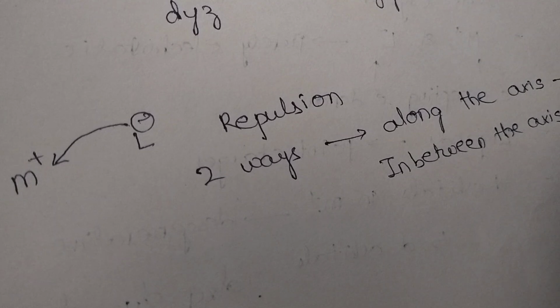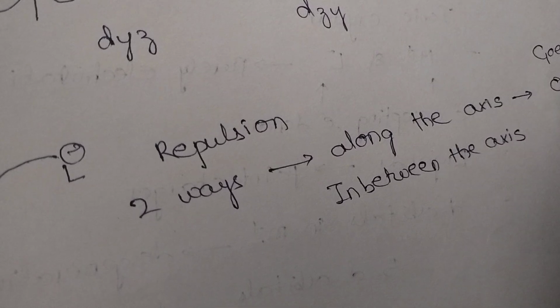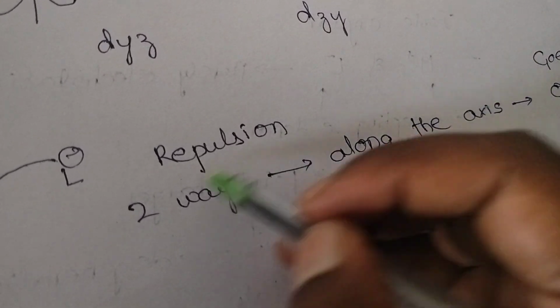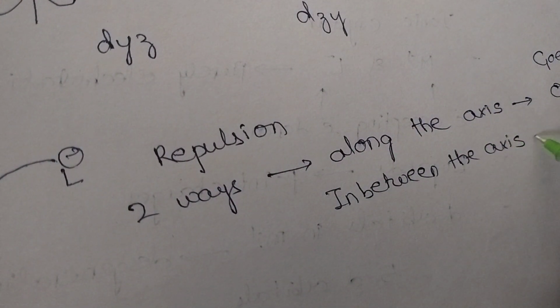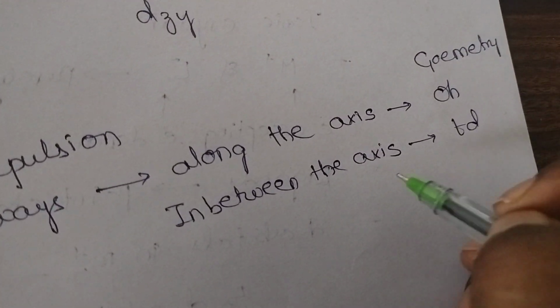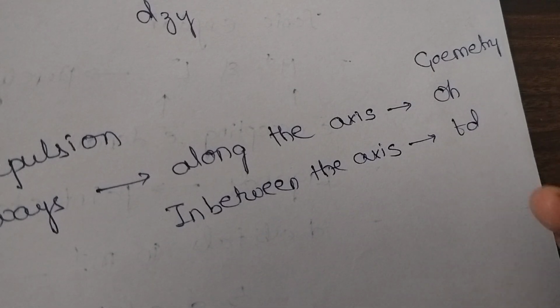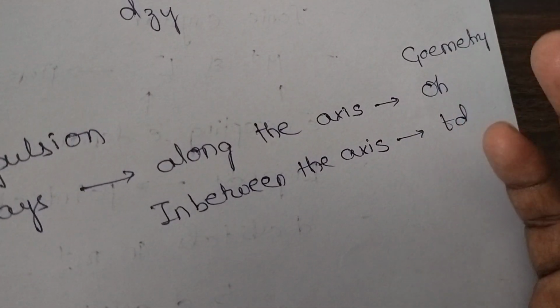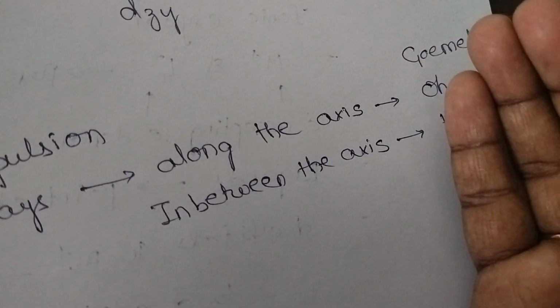It depends upon the geometry. When the geometry of the complex is octahedral, the ligand will approach the metal ion along the axis. When the geometry is tetrahedral, the ligand can approach in between the axis. So depending upon the geometry of the complex, the ligand can approach along the axis or in between the axis.